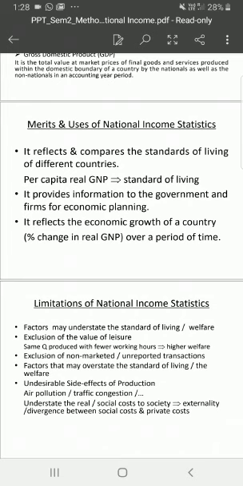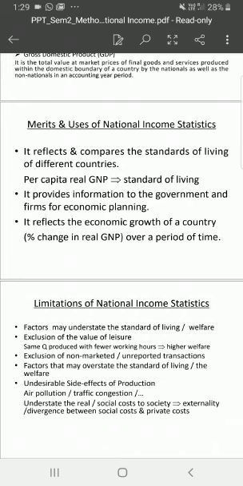But the fact is that the leisure that the people enjoy, the off time, the welfare activities that the government does, all these things also lead to the improvement in the living standards of the people of a country. But these are not taken into account while calculating the national income accounts.